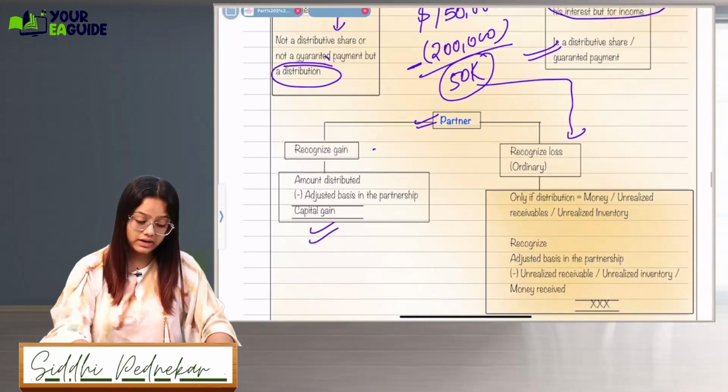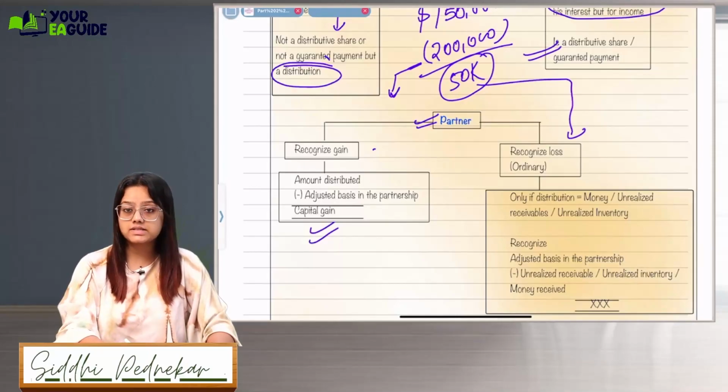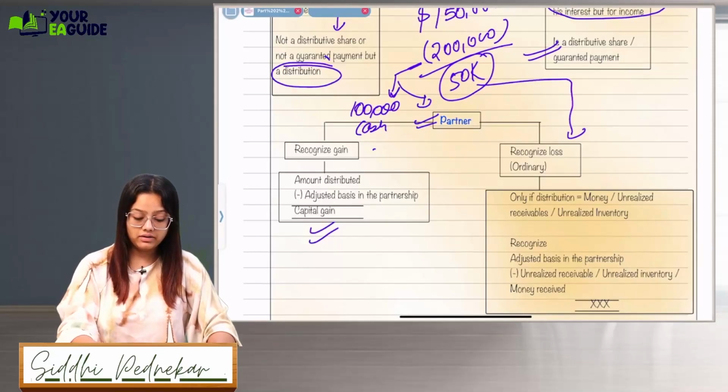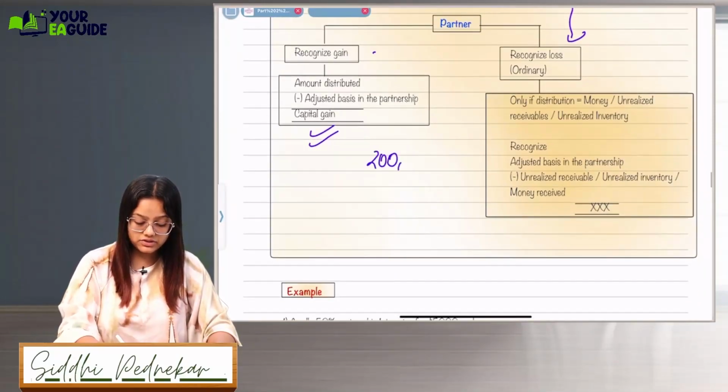this 2 lakh contains any distribution of unrealized receivable or unrealized inventory. Let's say the partner gets a distribution of 1 lakh in the form of cash. Let's take this example: a 2 lakh distribution has been made.